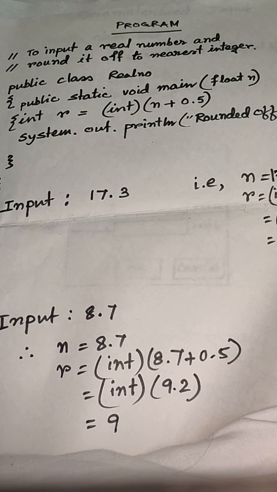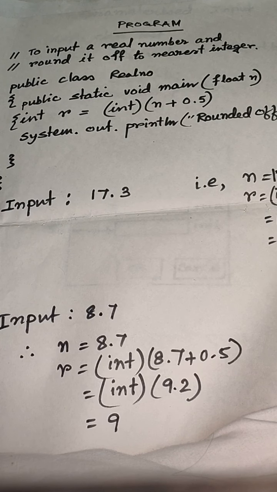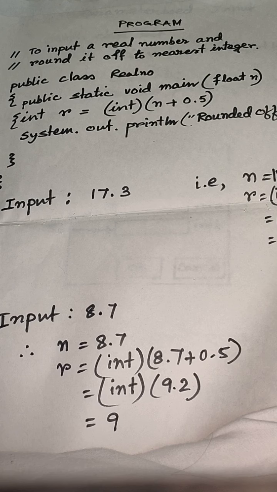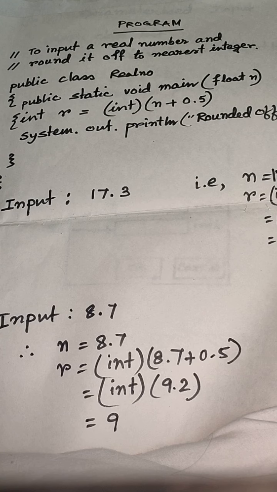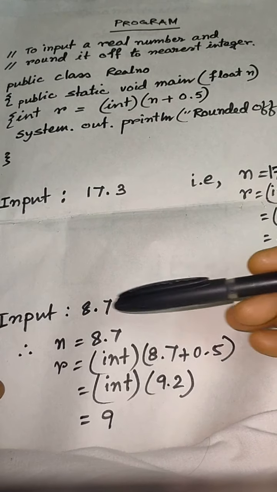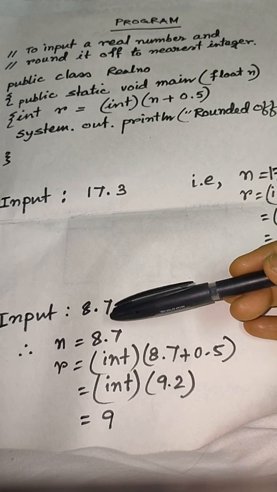Next input is taken 8.7. Now if it is 8.7, 0.5 will be added and after addition it will give 9.2. If I take the integer number, it will be 9 only. We know that round off means a number which is given over here, 8.7, that number will be giving you 9. Why?